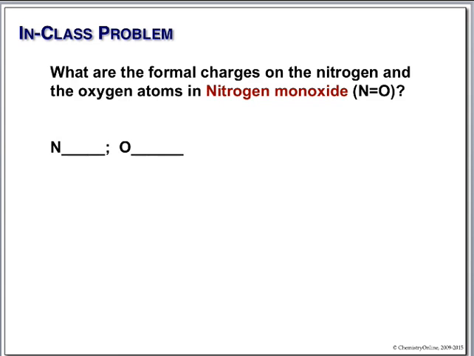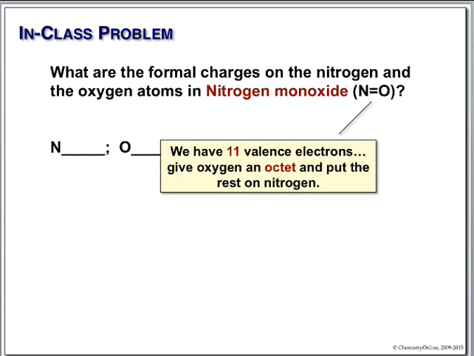Oh my goodness, do you remember formal charges? This is kind of a leftover from general chemistry, isn't it? Formal charges really are pretty simple, though. We're dealing with nitrogen monoxide. Nitrogen is in group 5 here, so we will have 5 valence electrons. Oxygen is in group 6. It will have 6 valence electrons. So we have a total of 11 valence electrons, an odd number.